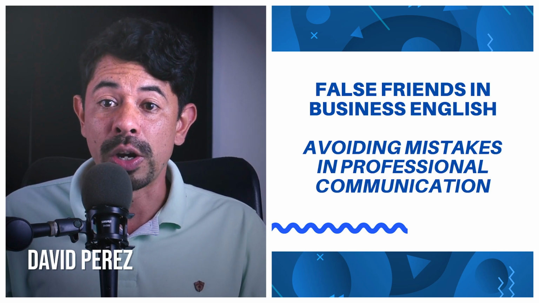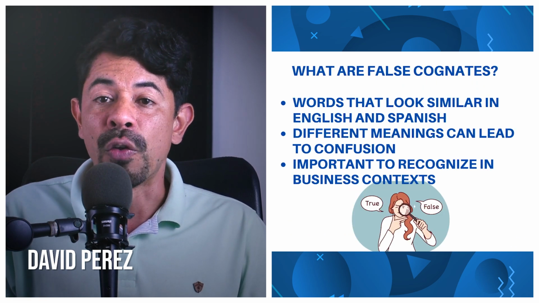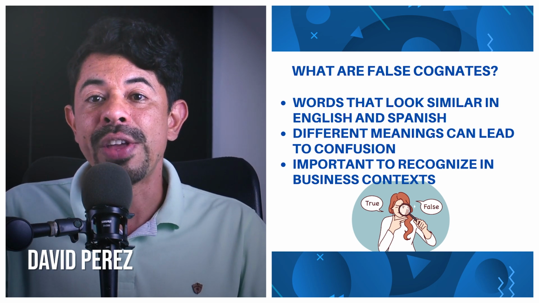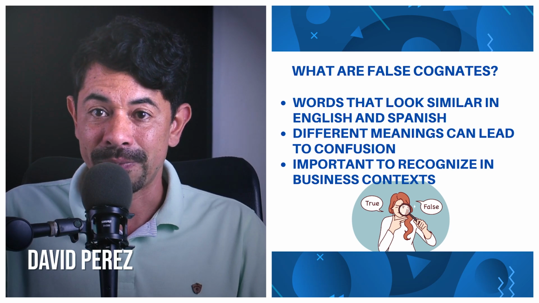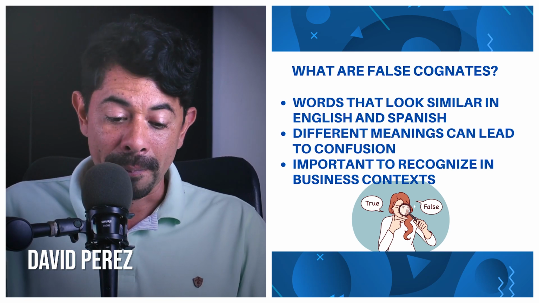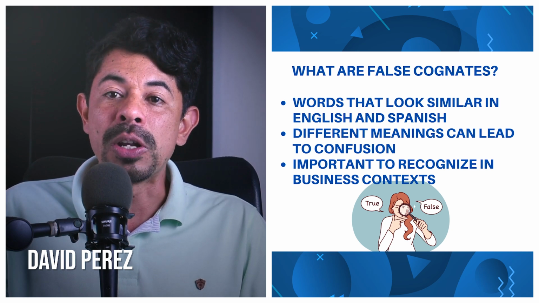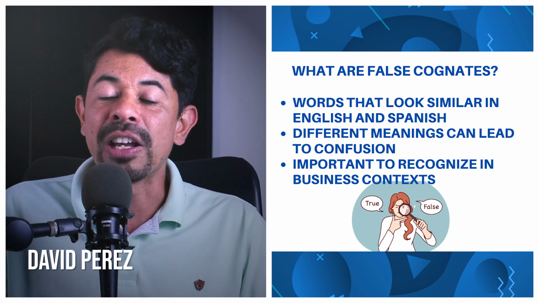We already mentioned we are not speaking about a person, but about words, vocabulary. The technical name for these false friends is false cognates. False cognates. These are words that look similar in your native language and in English.